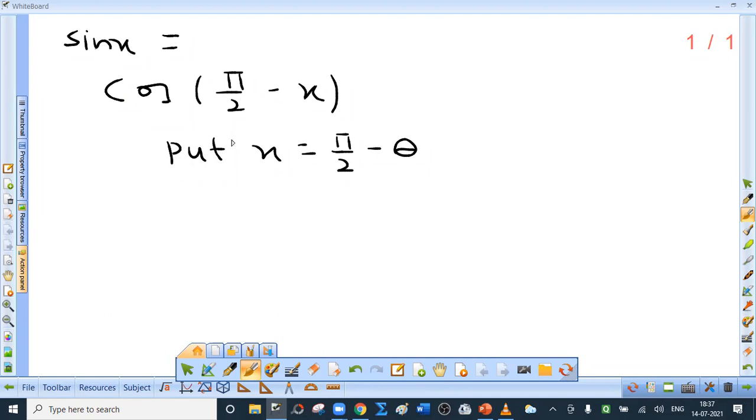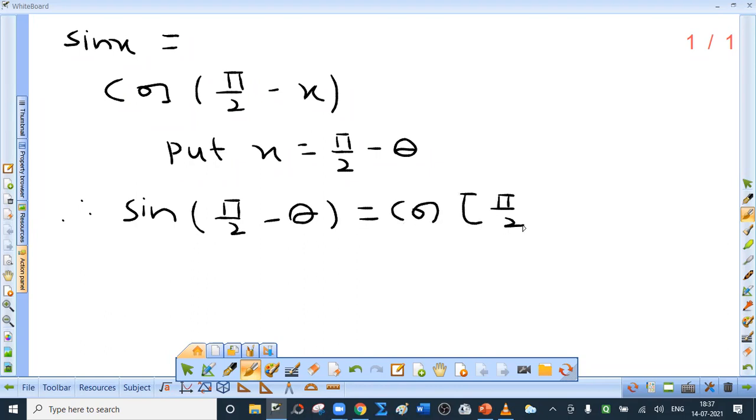Now I am saying put x equal to pi by 2 minus theta. Therefore, sine of pi by 2 minus theta equal to cos of pi by 2 minus, you have to be careful, replace x by pi by 2 minus theta. So use brackets.